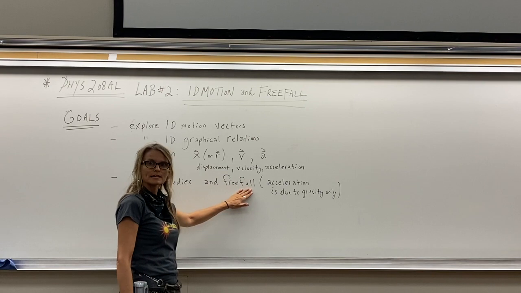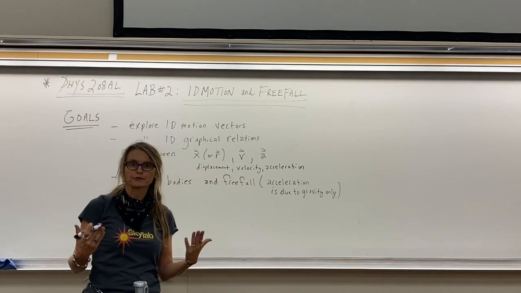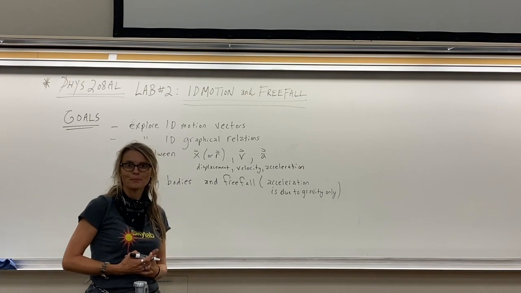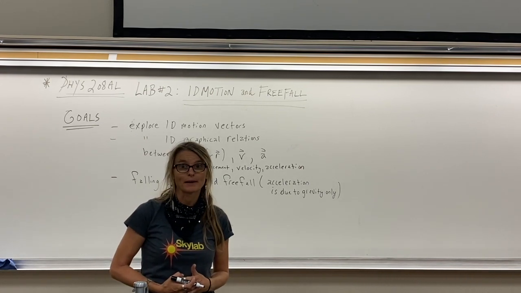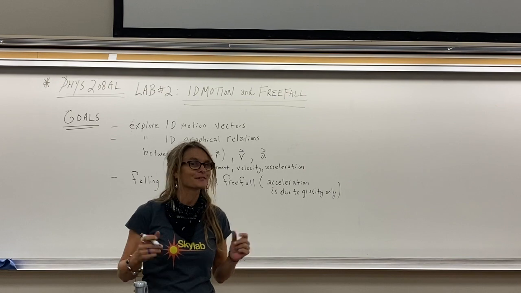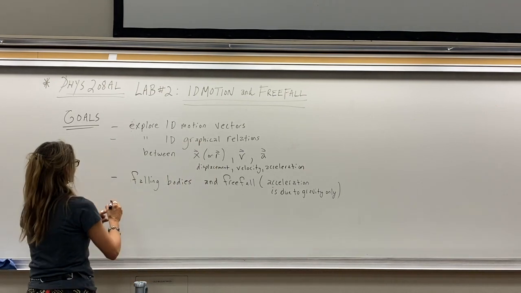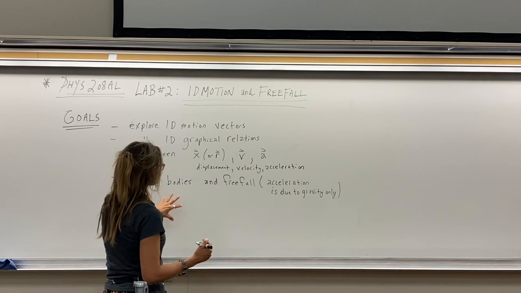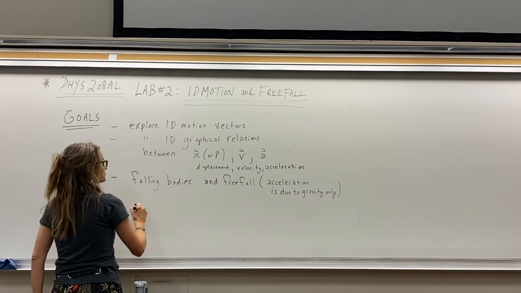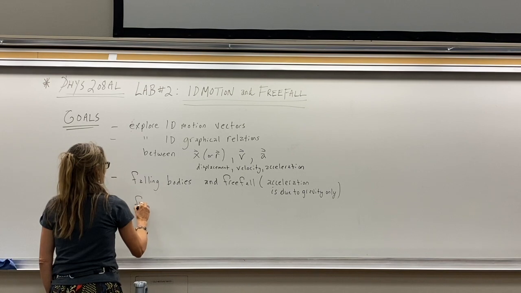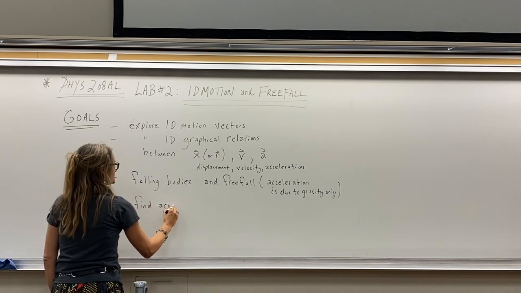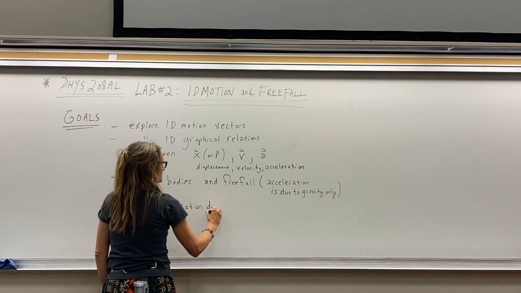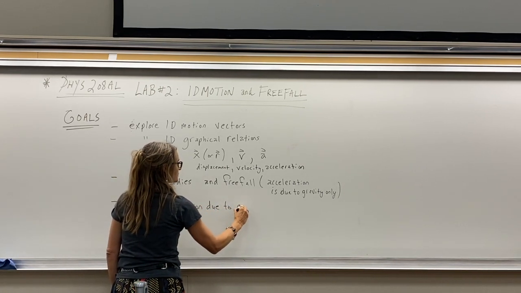Important to identify these, because when you identify a free fall problem, then you know it's a one-dimensional motion problem, and then you apply one-dimensional kinematic equations, which are a lot easier than two-dimensional kinematic equations. And then what we also want to do is just go ahead and apply problem solving to find the acceleration due to gravity here on Earth.